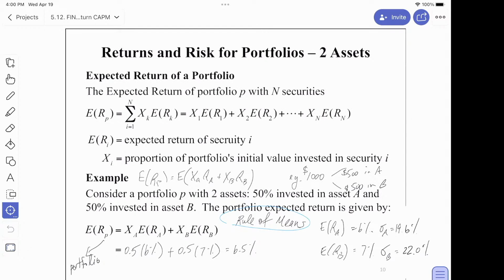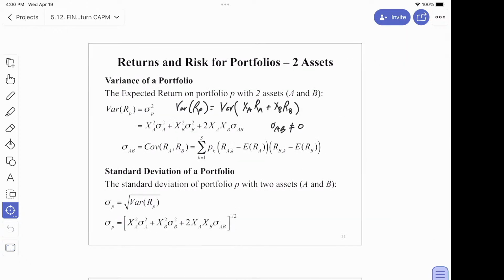This is basically my data. So getting the covariance first, that's really the most important thing, right? Because the weights are both 50% for our example. We know these already, the variance values. We've computed those already. All we really need is this covariance term.